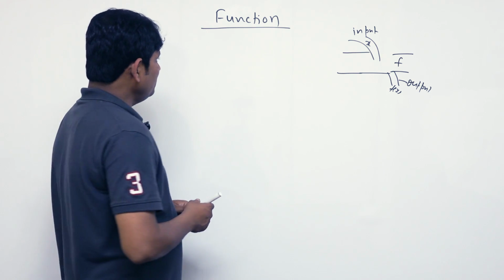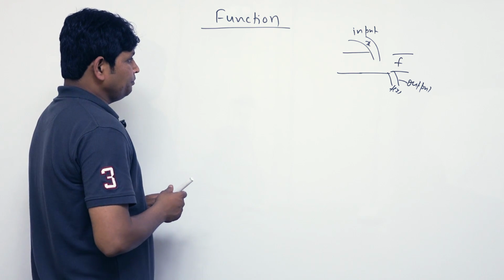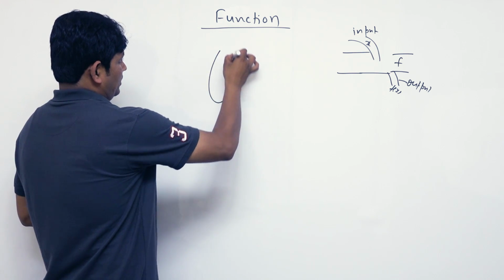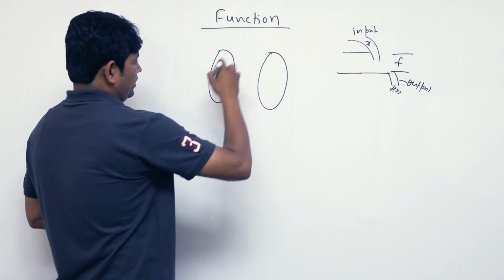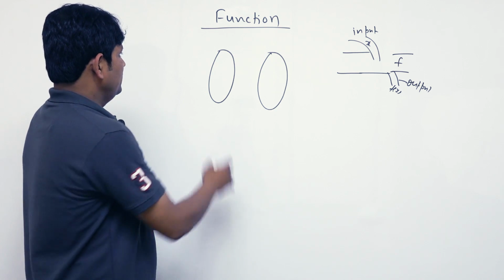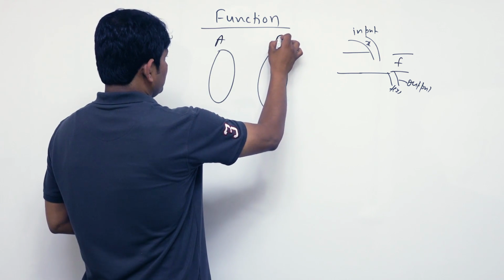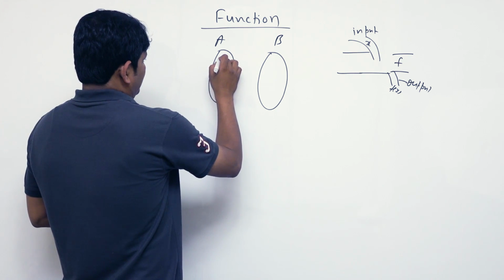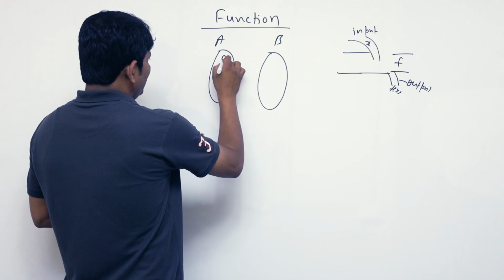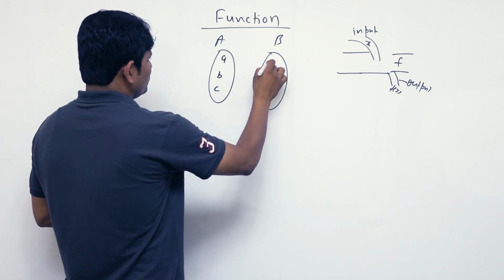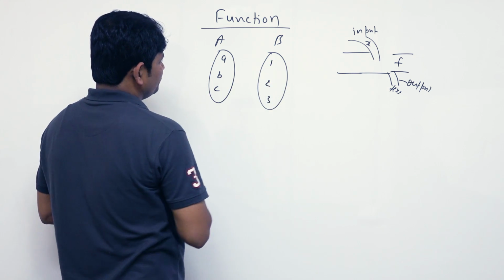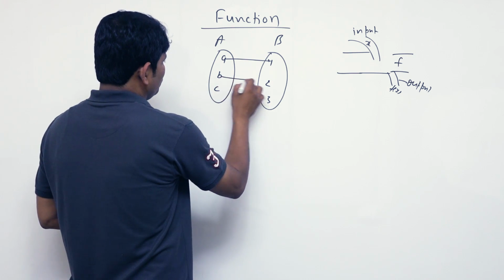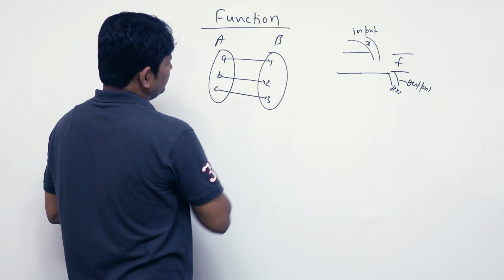I will first show you in this way. Here is set A and set B. There are elements I will take: A, B, C in one and 1, 2, 3 in the other. A is related with 1, B is related with 2, C is related with 3.